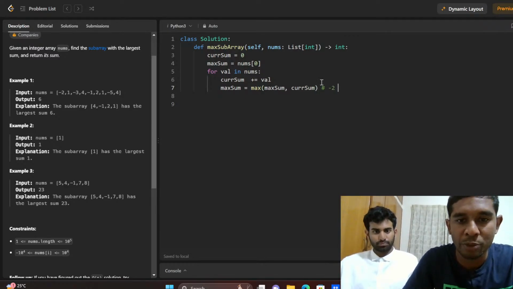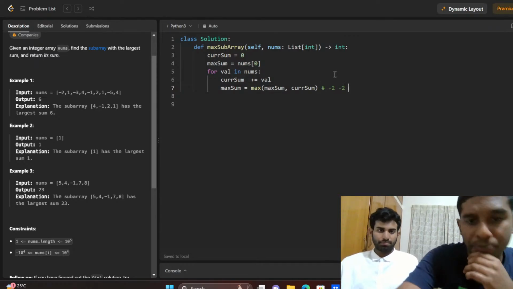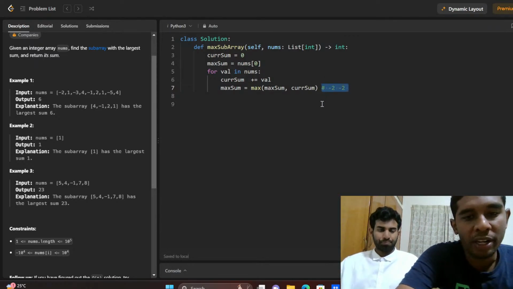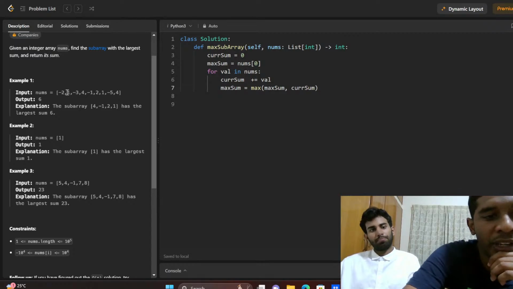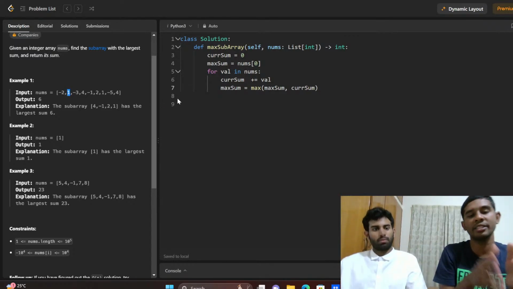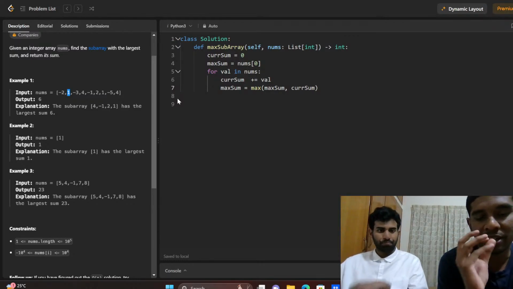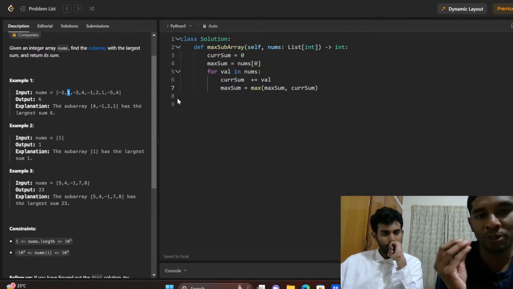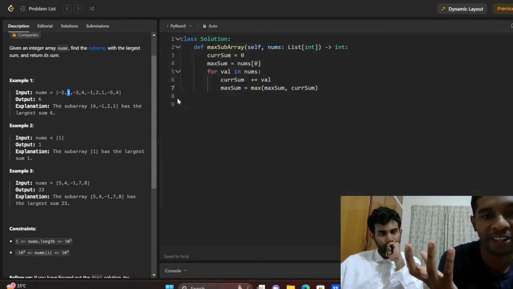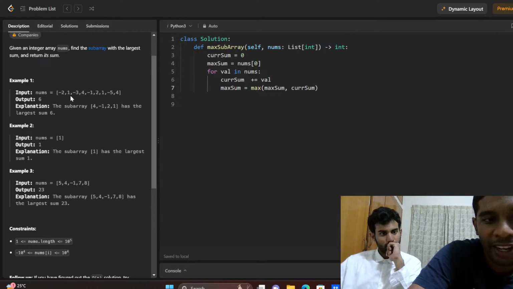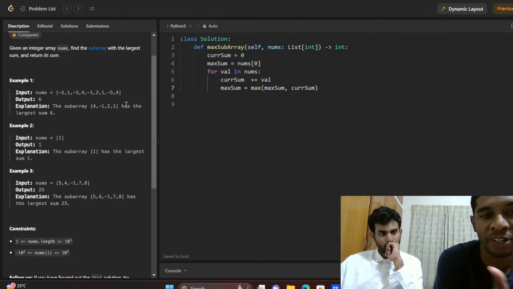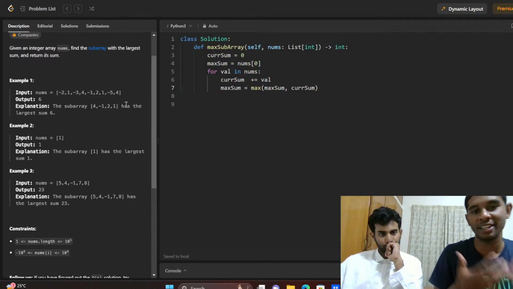But now when I try accumulating this sum into the next element, is this current sum, which is negative, going to result in a greater sum than what is there in the next value? For example, if I add minus 2 to 1, it's going to decrease the value of what 1 had. It's going to result in minus 1, which is obviously lesser than 1.